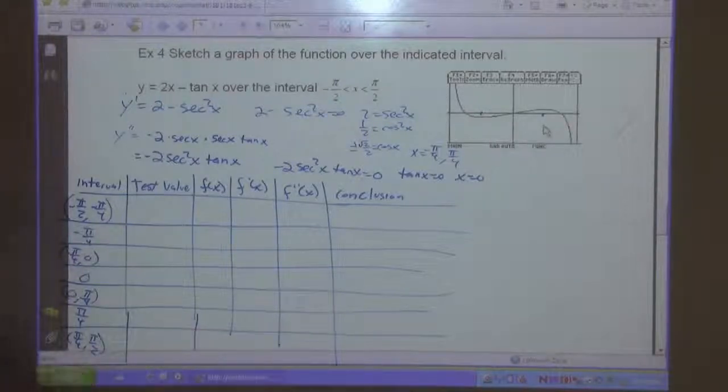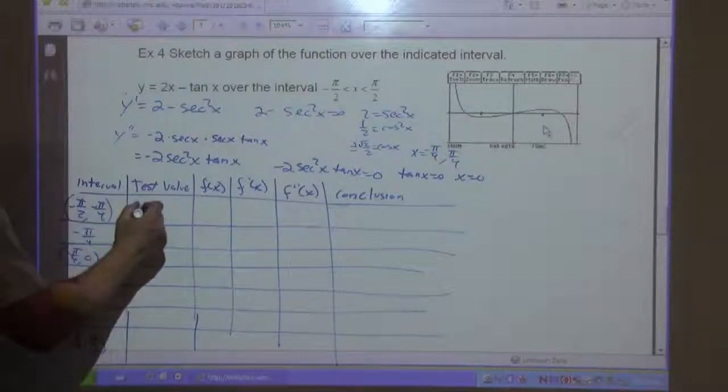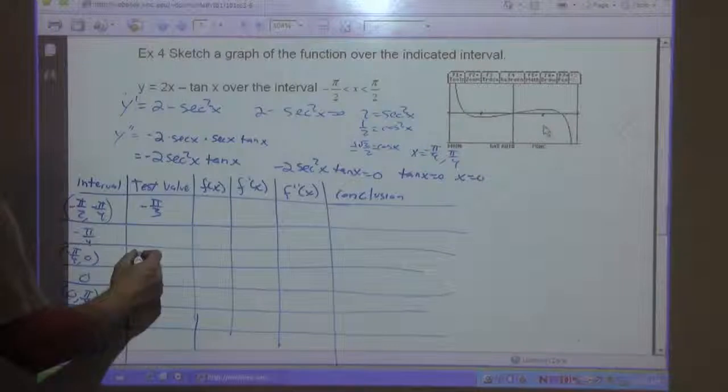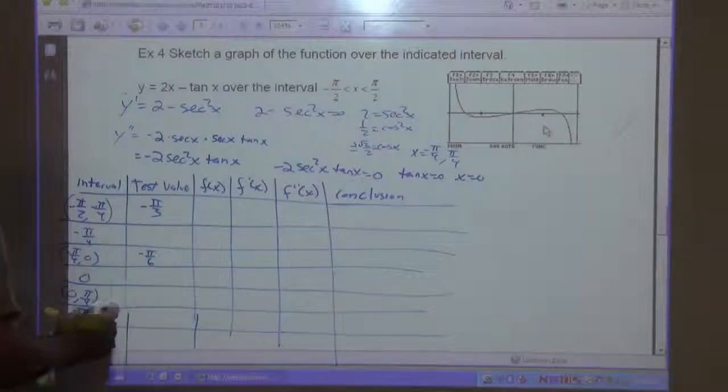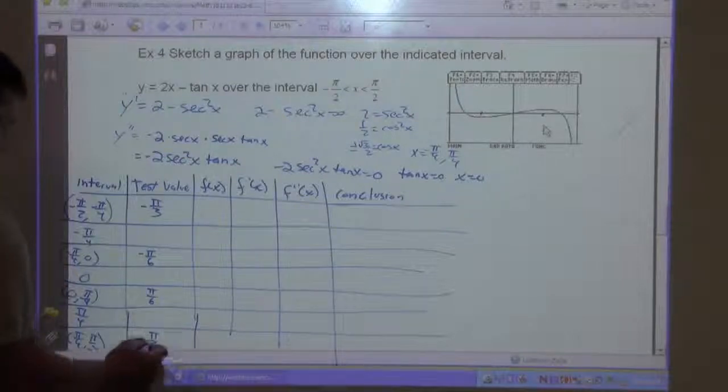Look at that. Now our test values. Value in here, we can do negative pi over 3. We can do negative pi over 6. We can do pi over 6 and pi over 3.